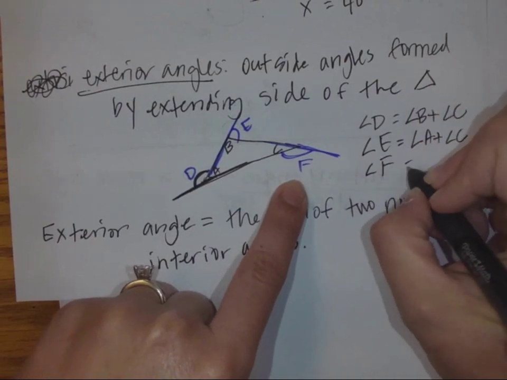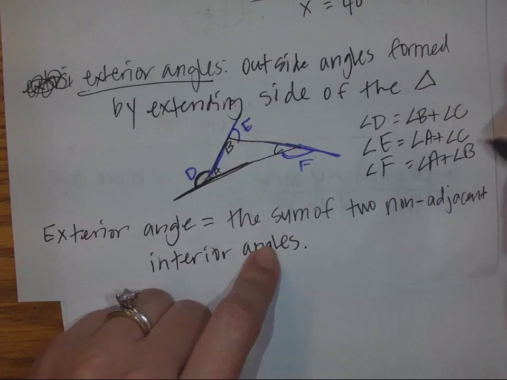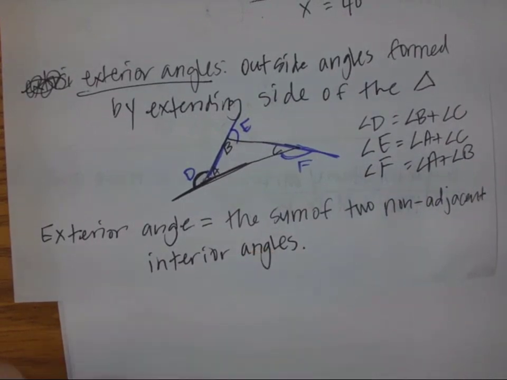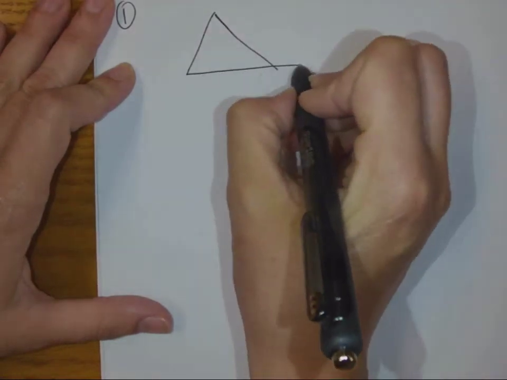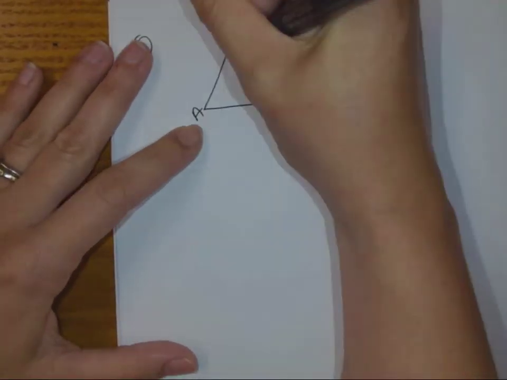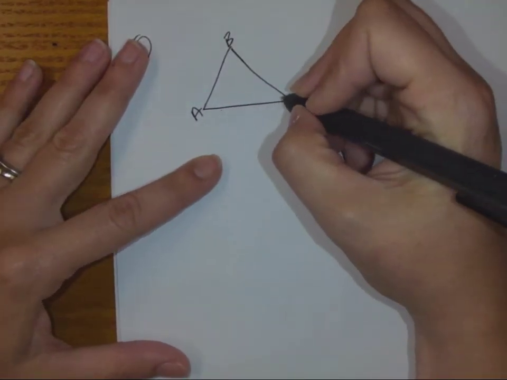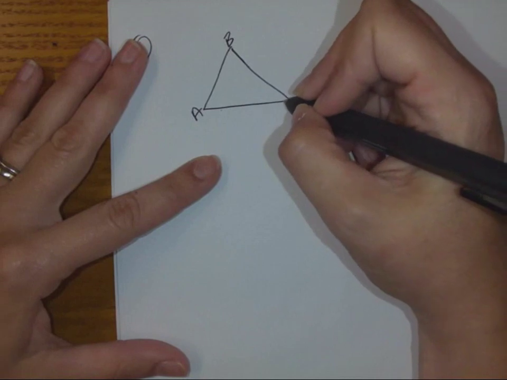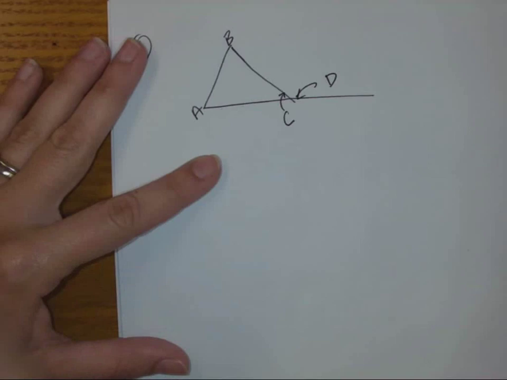So vertical angles, the technical definition, is an angle pair formed by two intersecting lines. Basically, if I had two intersecting lines, an angle pair is the ones across from each other.